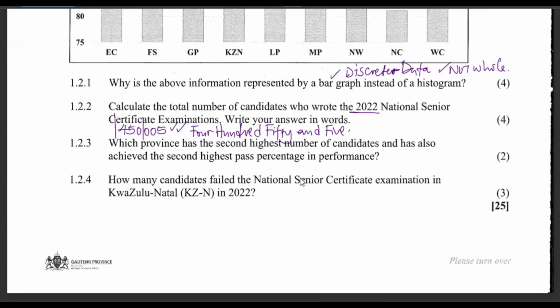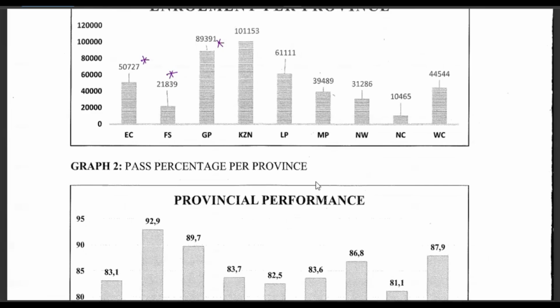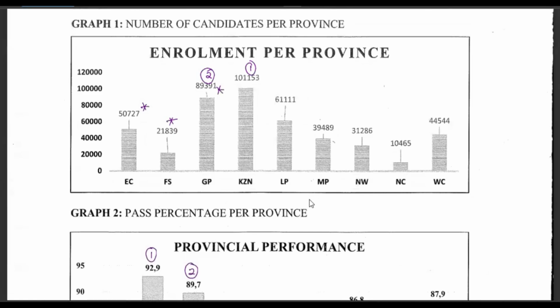Which province has the second highest number of candidates and has also achieved the second highest pass rate? This is so simple. Look for the second. This one here is number 1, followed by that. We are looking for second. Then when you come down here, this is number 1, followed by the next. So what's number 2?